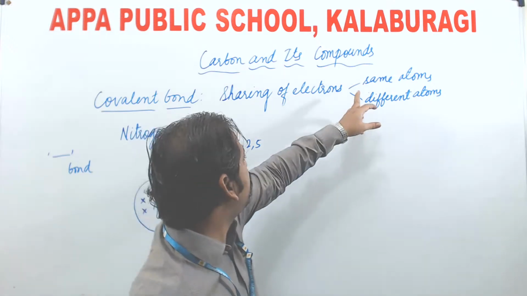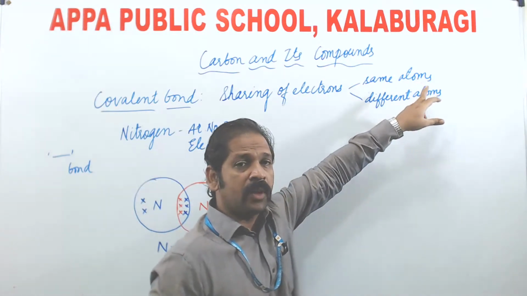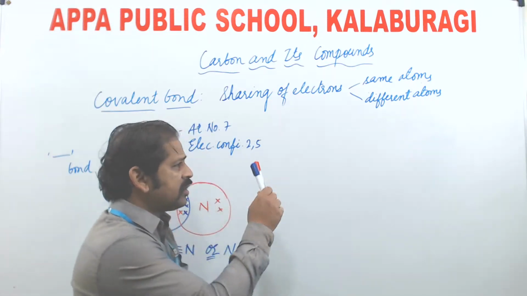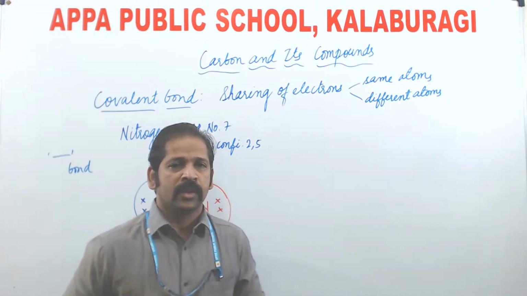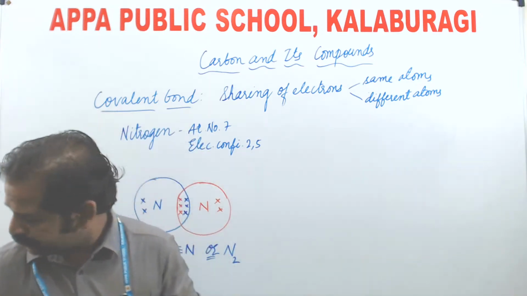We are discussing the sharing of electrons between the same atom. Between different atoms, I think we will discuss tomorrow. Today we'll discuss P4 and S8. P4, phosphorus 4. Okay.